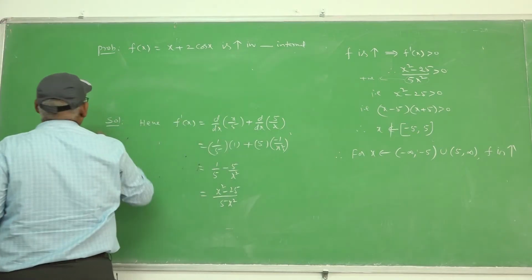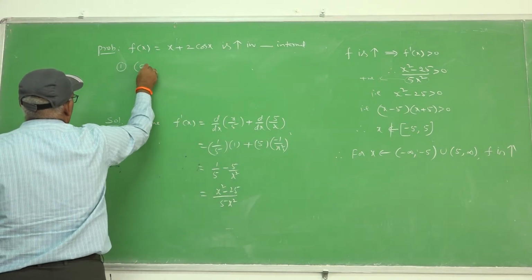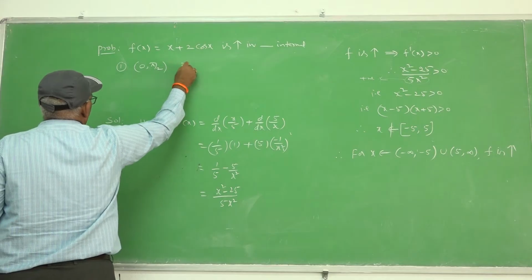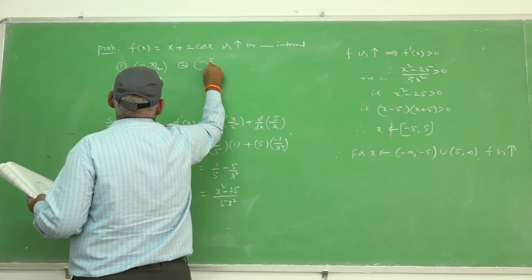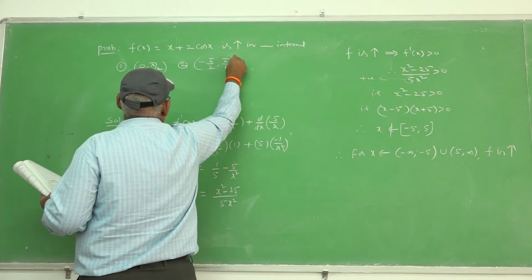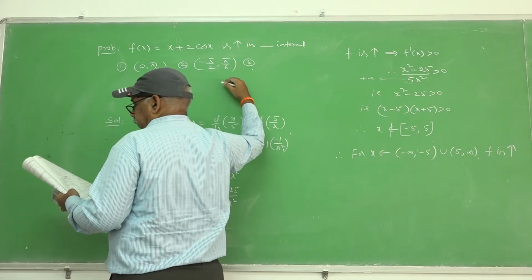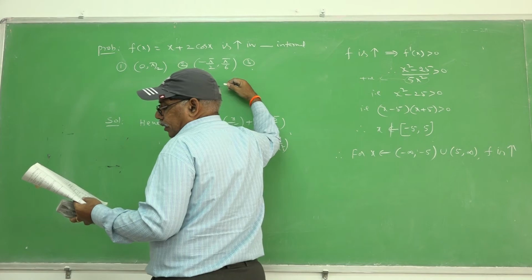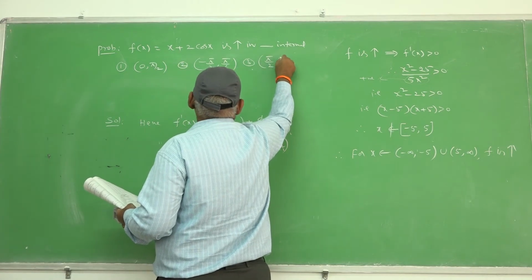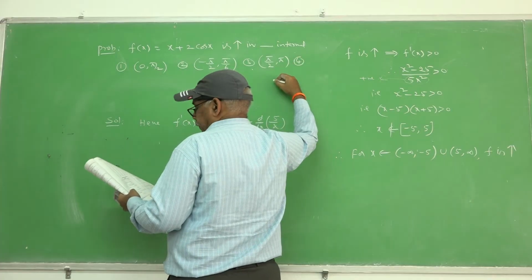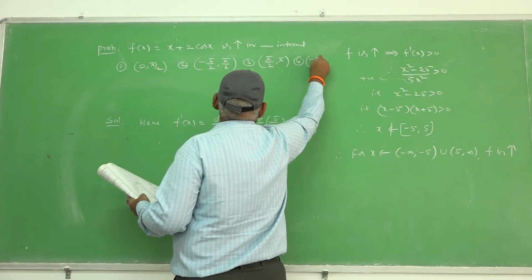The options are: the first, 0 to pi by 2. The second one is minus pi by 2 to pi by 6. The third one is pi by 2 to pi, open interval. The fourth one is minus pi by 2 to pi by 2.